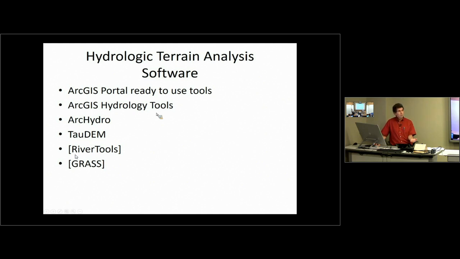There's TauDEM, which is software that I've developed that implements the D-infinity model, but it also has some of the watershed delineation ideas. And if you want to try some of the different ways of defining streams, rather than just a flow accumulation threshold, TauDEM has some of those. I'll also mention that there are others, things like River Tools and GRASS, associated with other GIS that you may encounter, but we're not going to touch on in this class at all. You can only do so much in one semester.